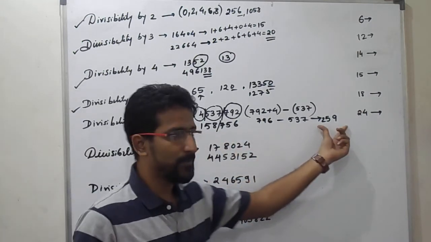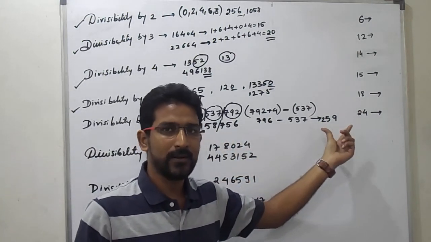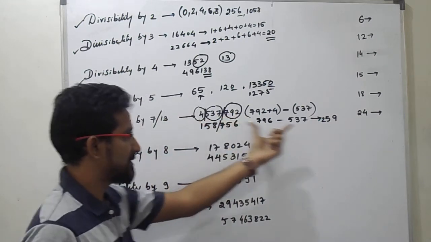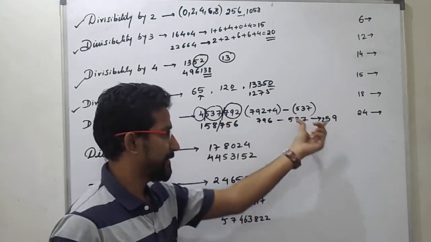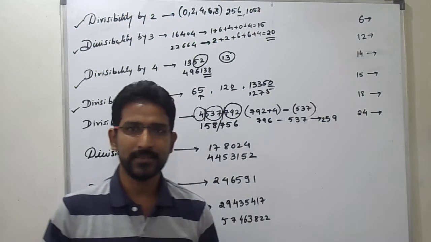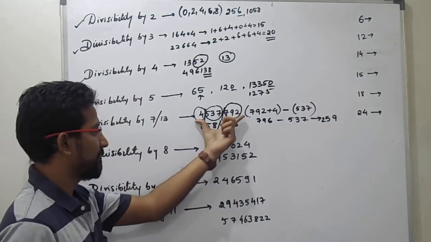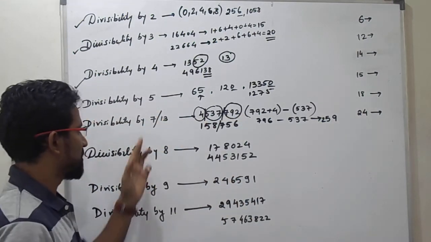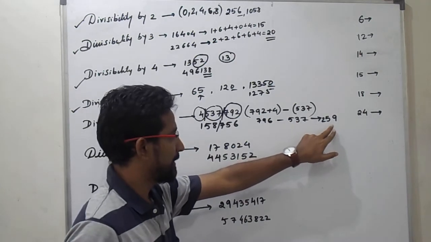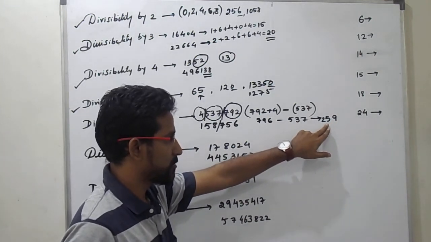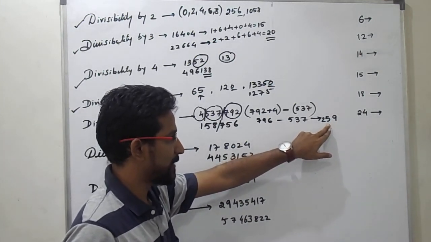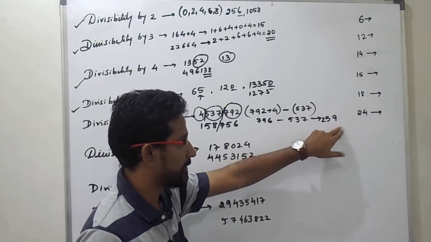If it is divisible by 7, then the whole number will be divisible by 7. And if this number is divisible by 13, then the whole number will be divisible by 13. Now if we check in the table of 7, 7 into 3 is 21, 4 carried forward, that is 49.